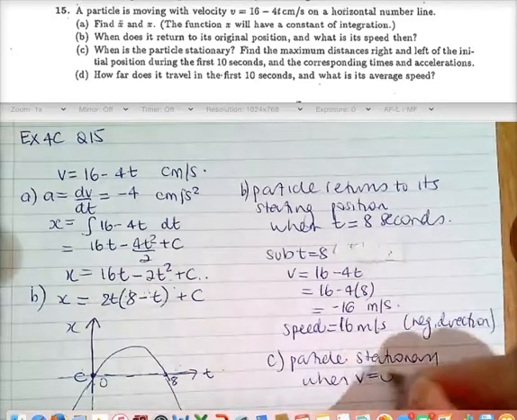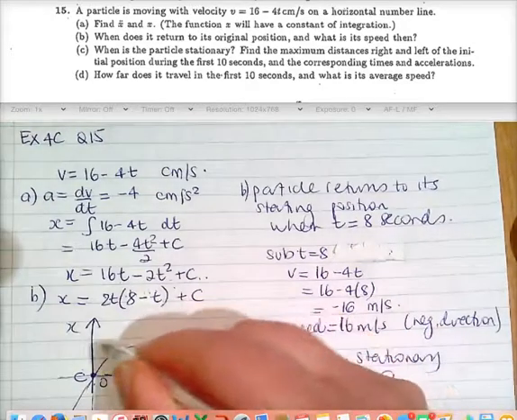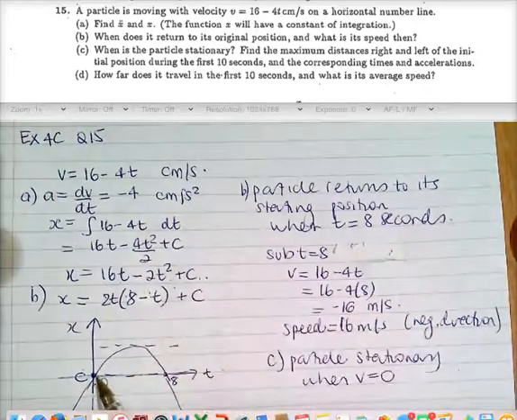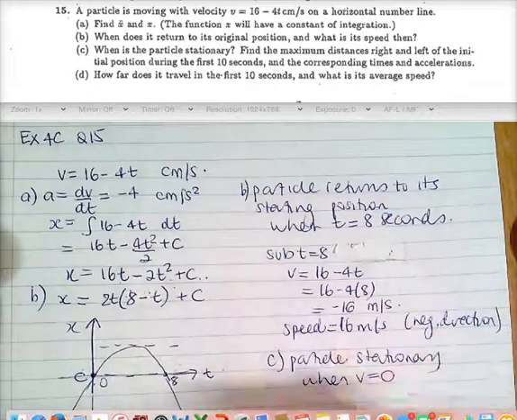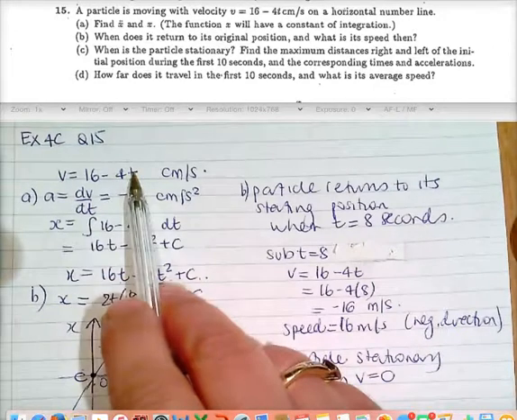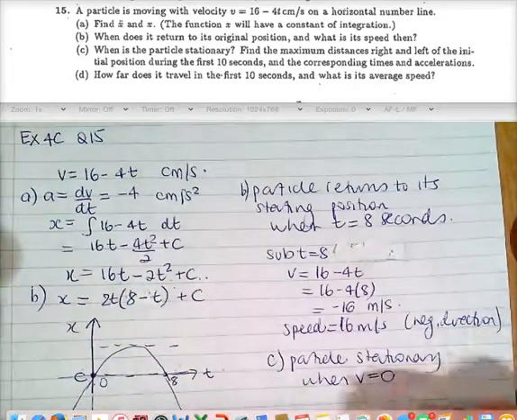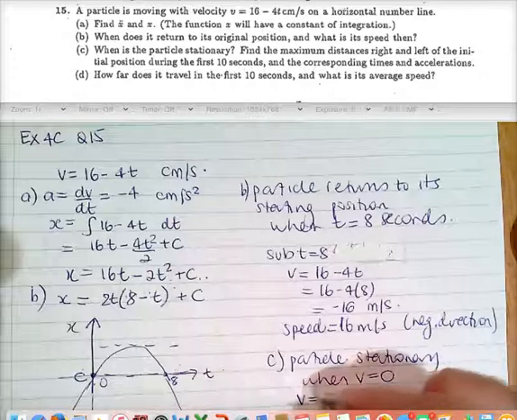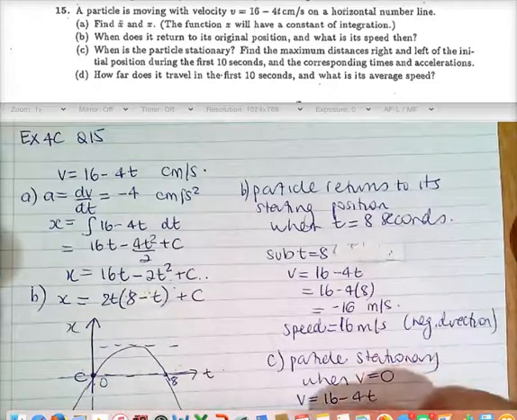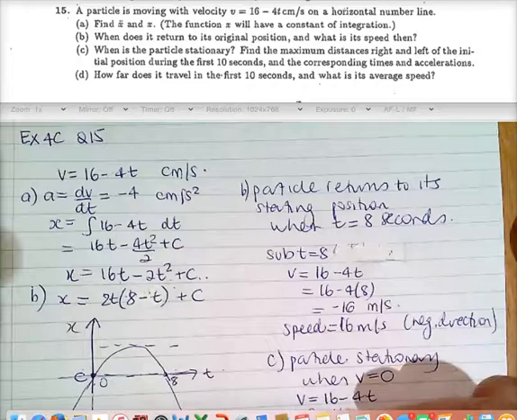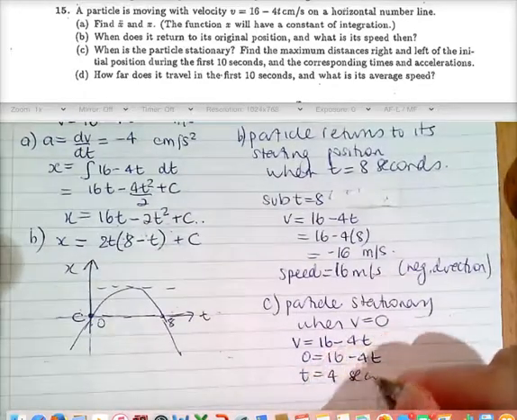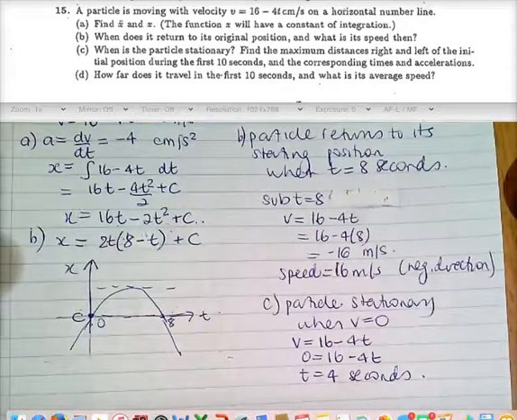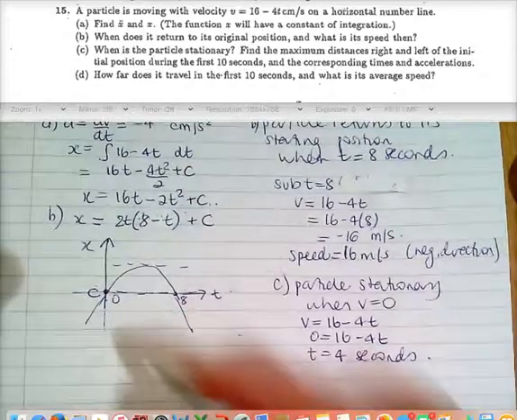We can look at it from this graph here, and halfway between 0 and 8 is when t is 4, or we can substitute v is 0 into this equation: 0 equals 16 minus 4t, and so therefore t equals 4 seconds. So that is when the particle is stationary, at t equals 4 seconds.